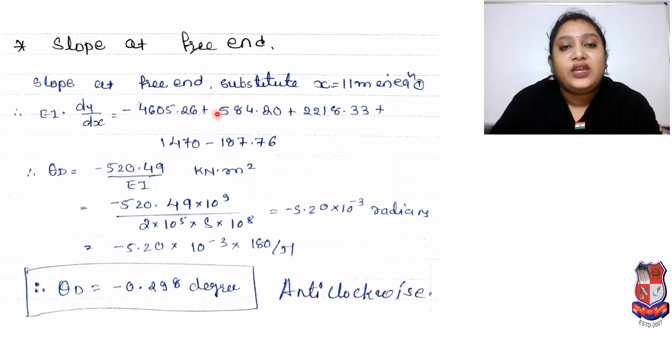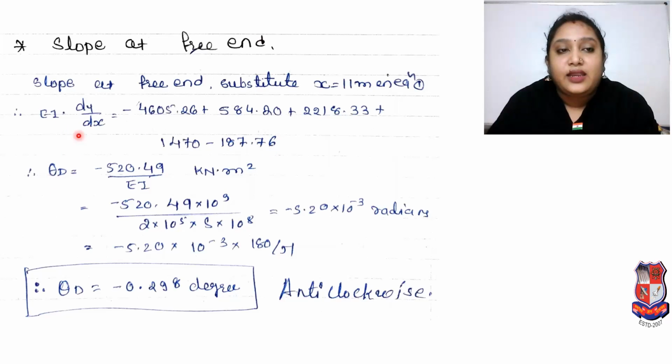Okay, now we are interested to find slope at free end. So slope at free end, we have to substitute value of x 11 in our equation number 1. So our equation number 1 was in a form of EI dy by dx. So wherever x was there, at that place we will put 11 meter. So minus 4605.26 plus 584.20 plus 2218.33 plus 1470 minus 187.76.